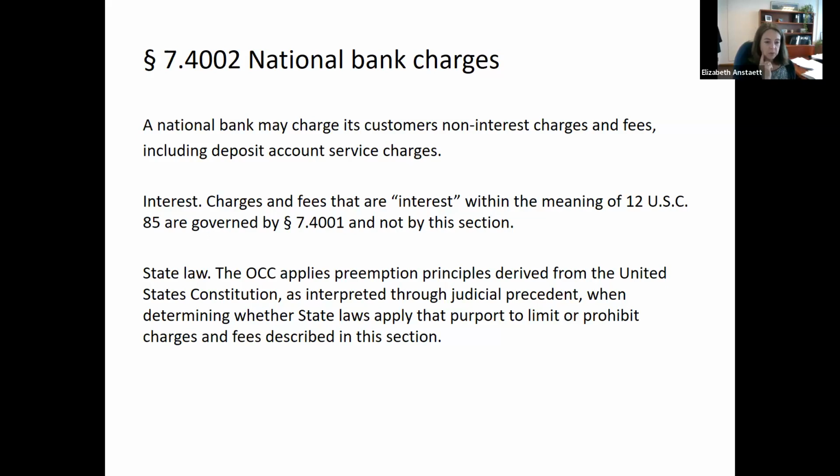So it was a non-account holder with a payroll check drawn on the bank being charged a fee to cash that payroll check. And the bank agreed to cash those payroll checks if the payroll check was in an account at the bank, essentially because there's a real lack of risk in that situation. So it illustrates that there is a lot of authority for national banks to charge these fees, but again, it's not without limit, and there can be laws that apply outside the banking context, such as employment laws when you're dealing with payroll checks.